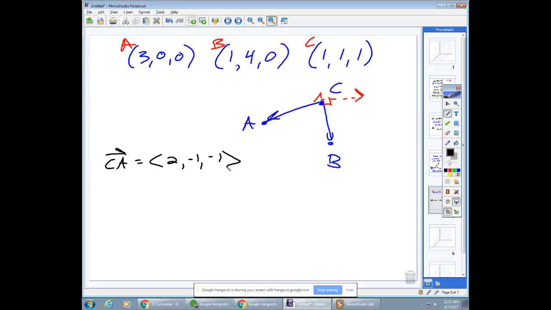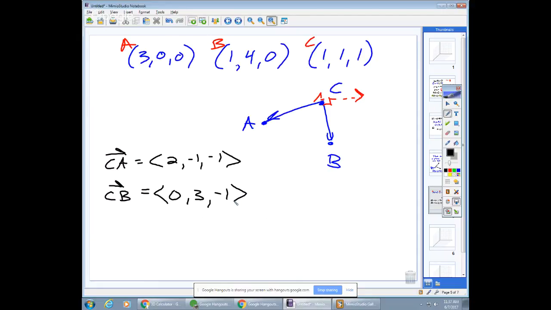And then we want the vector from C to B, which would be to take vector B and subtract vector C. 1 minus 1 is 0, 4 minus 1 is 3, 0 minus 1 is negative 1. Is my arithmetic okay?